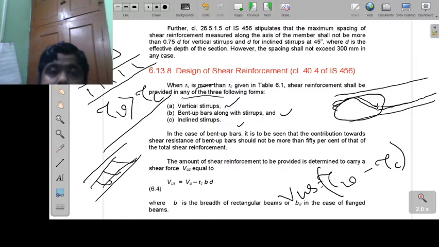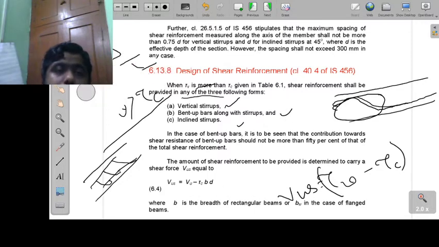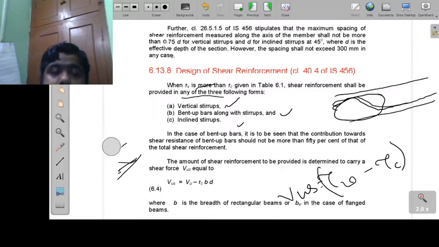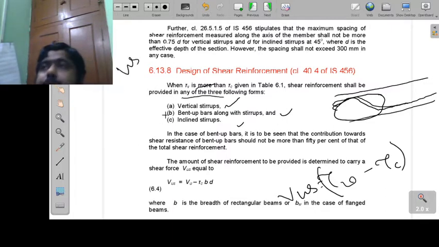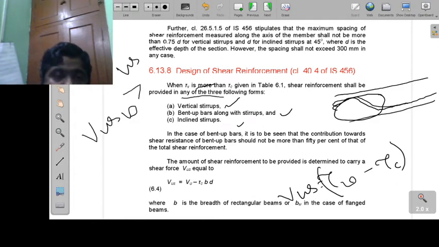That means suppose I need a total shear reinforcement of Vus, then the contribution of the bent up bars should not be more than half of Vus.